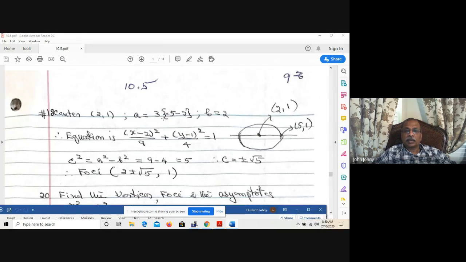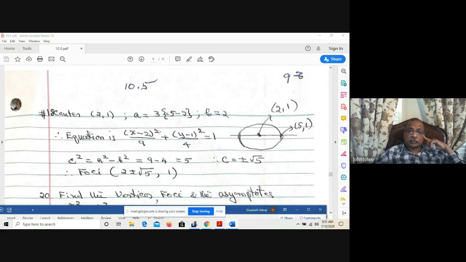That is 5 minus 2. B is equal to 2. The equation is x minus 2 the whole square over a square plus y minus 1 the whole square over 4. A is 3 and b is 2. I think that's a part of the question.